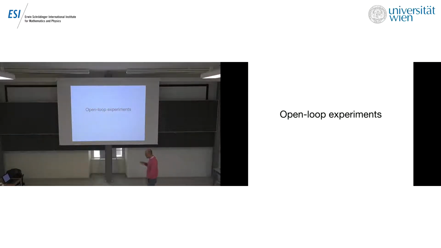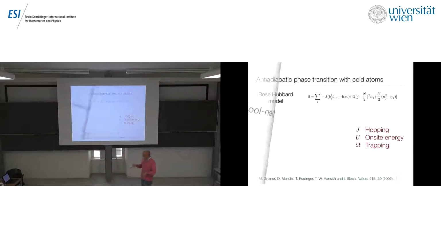So here are some first experiments with open loop. It is what I call the plug and pray approach, in the sense that you plug in your algorithm and then hopefully it will work, and sometimes it even does. So here is an example with a many-body system, because I said before we want to manipulate a many-body system.